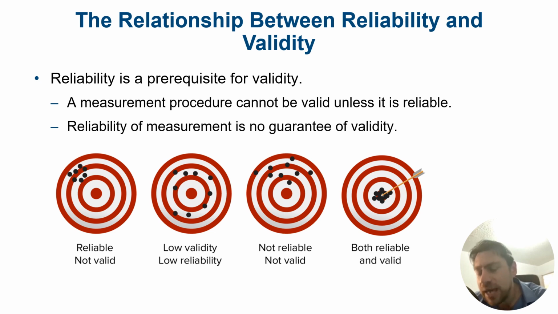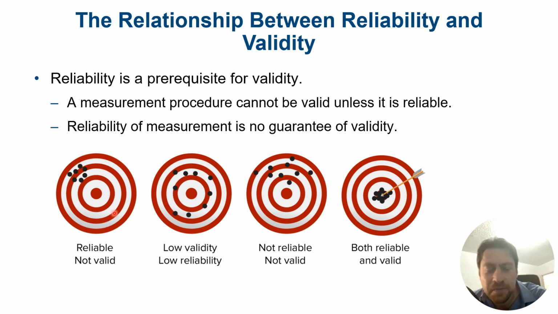Even if you have an IQ test that gives you exactly the same outcome each time you take the test, it's not a guarantee that you're actually measuring intelligence. You might be measuring any number of other things using that measure. I like this little schematic here, which illustrates, hopefully in an intuitive way, the difference between reliability and validity in the form of a target and a bullseye.